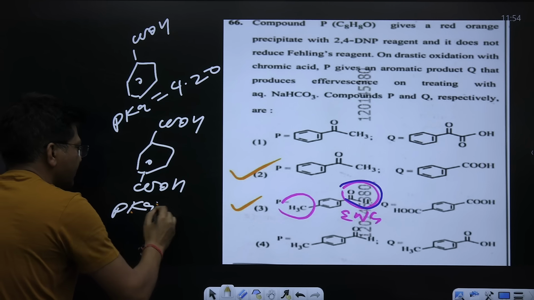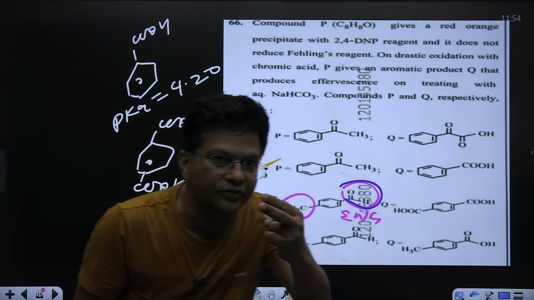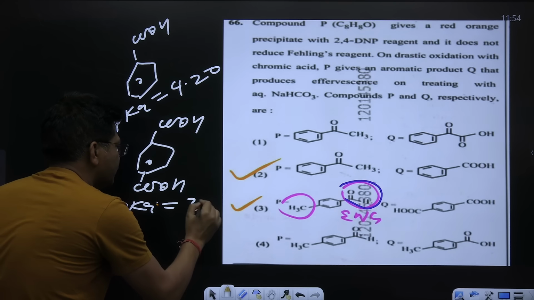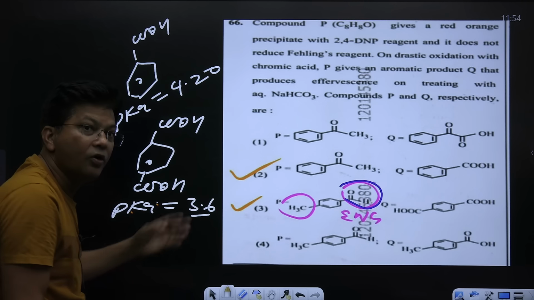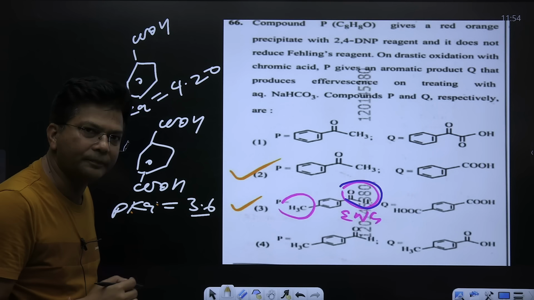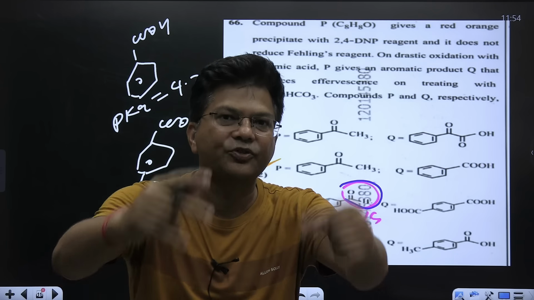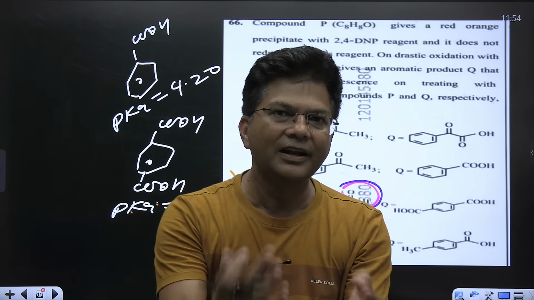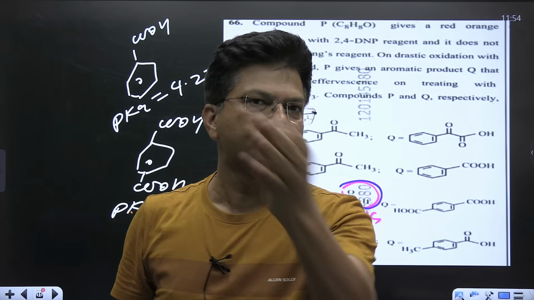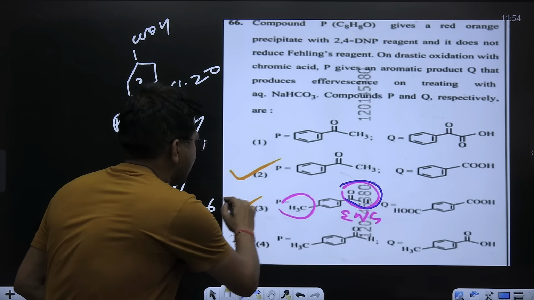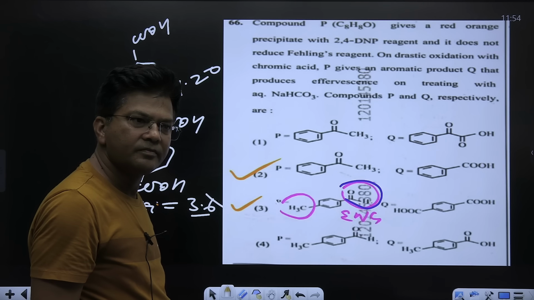You can check, it will release 2 hydrogens. The first hydrogen will go with a pKa value of 3.6, and the second will be around 4.2. So this is more acidic and it will release carbon dioxide more easily. It will give the sodium bicarbonate test more appropriately.